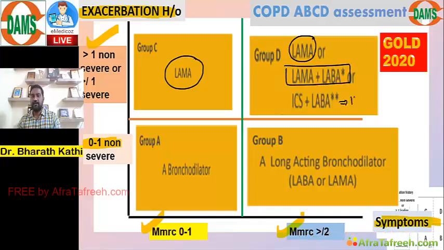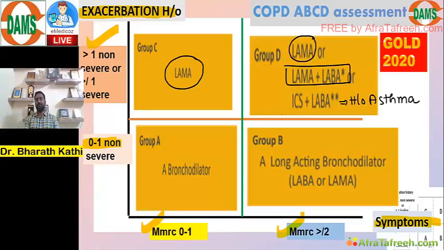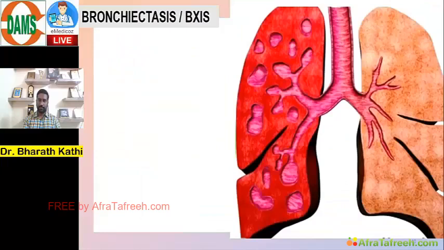If patient is having history of asthma, you should go with LABA plus ICS. So this is the GOLD 2020 guidelines that you should know. So depending upon patient symptoms and exacerbation history, we have classified the patients into 4 groups: Group A, Group B, Group C and Group D.